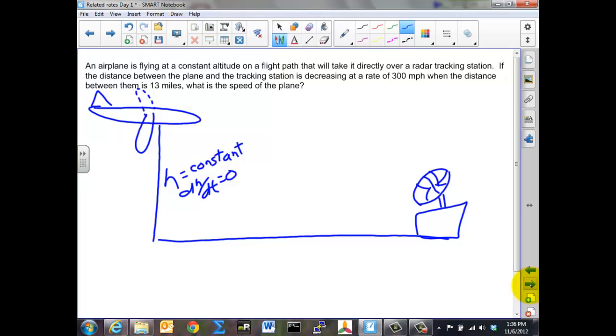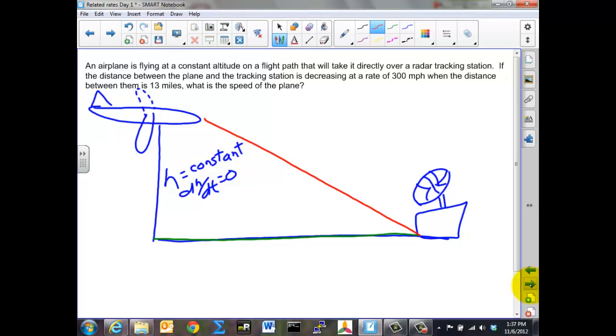Bottom axis. Okay, that's my question here. Is this what it is? Oh, no. Oh, it's the slope. You think it's that? Which one is it? Is it the green line or the red line? Because that's the real crux of the matter here. If the distance between the plane and the tracking station.